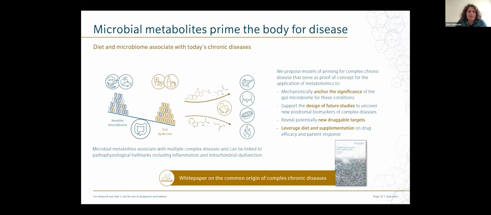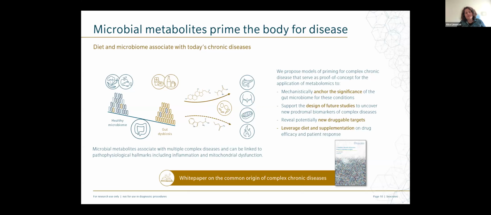We also discuss its relevance to support the design of future studies, to find new druggable targets, and also to leverage intervention in that field, which have to do with diet and potentially supplementation, but also drug intervention, also so for nutritional studies, but also when one studies drug efficacy and patient response.